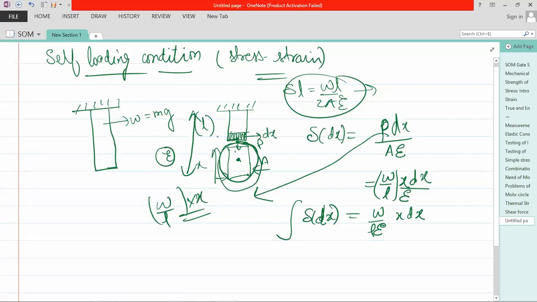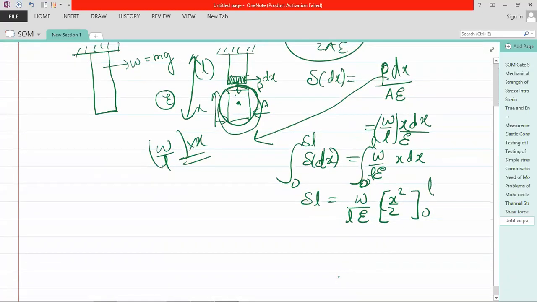If you want to obtain it for the whole length, then we have to integrate x from 0 to L, and delta L from 0 to delta L. When x is 0, the load is zero. So del L is equal to W by L A E, integration of x dx, that is x square by 2 from 0 to L. Now it will go to W by L A E into L square by 2. So del L is WL by 2AE.